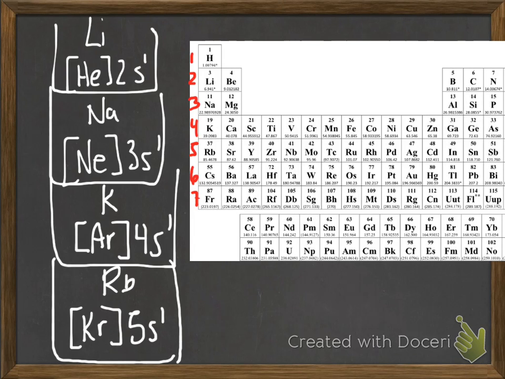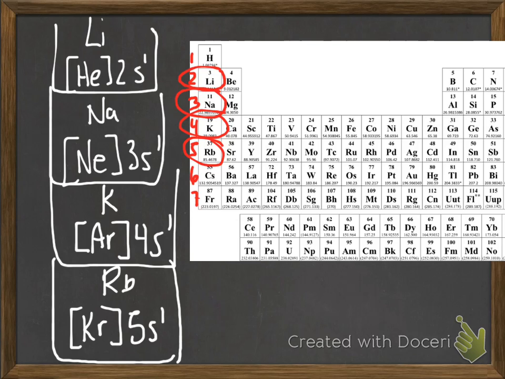One of the trends that you noticed is that in lithium, which is in the second period, what's the highest main occupied energy level in lithium? 2. In sodium, which is in the third period, what's the highest main occupied energy level? 3. And potassium, 4. And rubidium, 5.